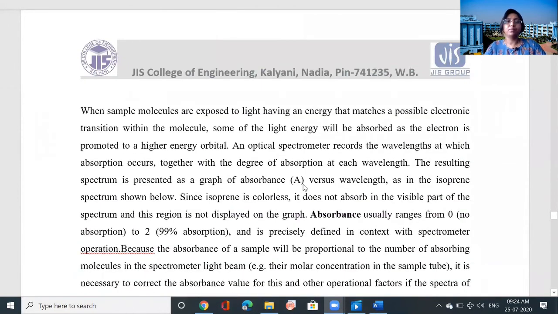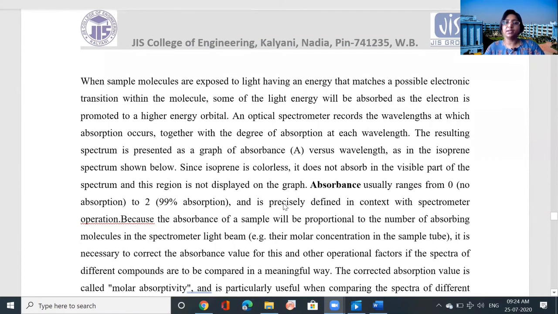When sample molecules are exposed to light having an energy that matches a possible electronic transition within the molecule, some of the light energy will be absorbed as the electron is promoted to a higher energy orbital. So you have seen the sample absorb, and an optical spectrometer records the wavelength at which absorption occurs, together with the degree of absorption at each wavelength.